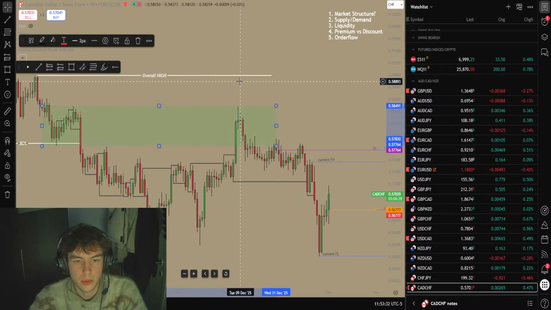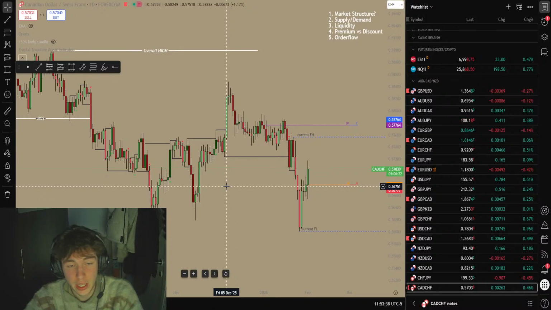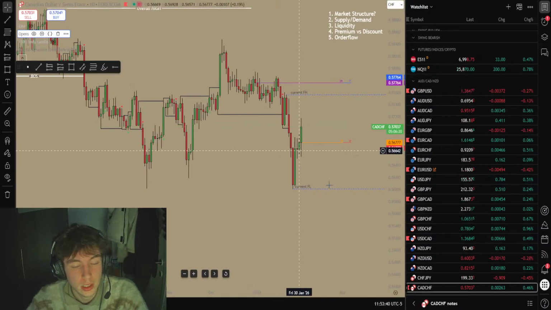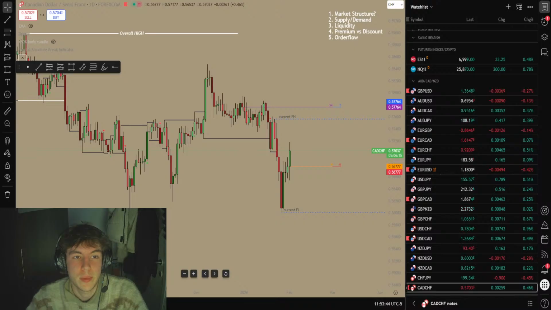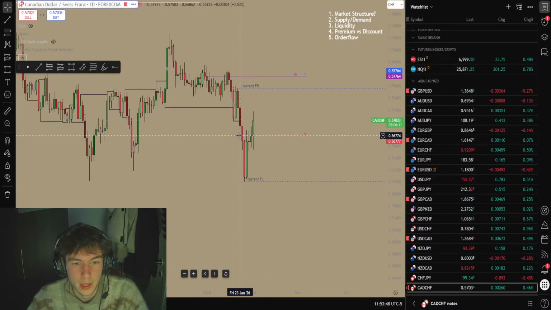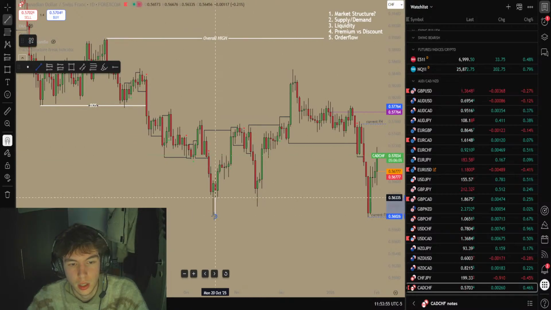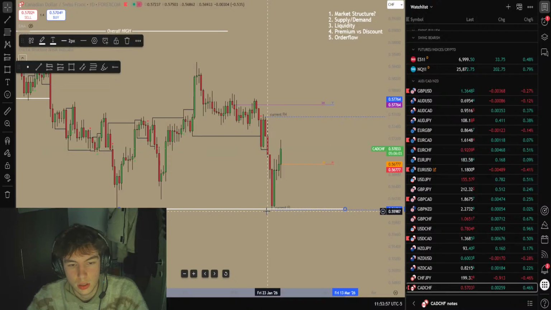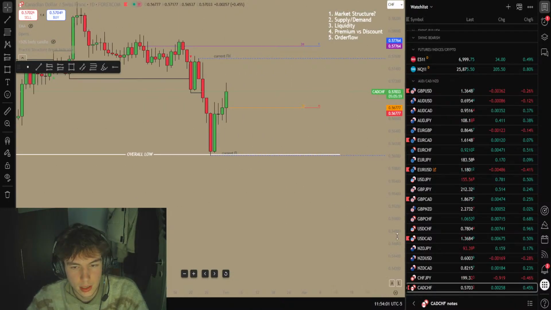So a valid pullback only counts if we come back towards the destined demand zone or supply zone. So let's say in this case we were still bearish, right? We were breaking lows, overall high, overall low. And we can see that we did not get a break of structure, but we did get a sweep.